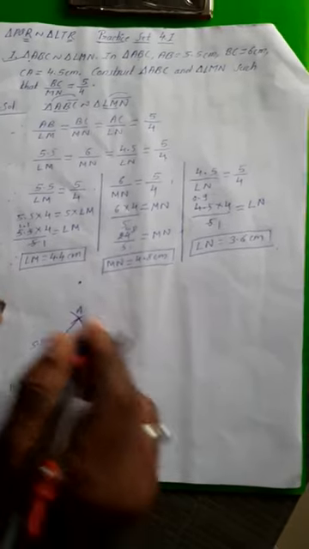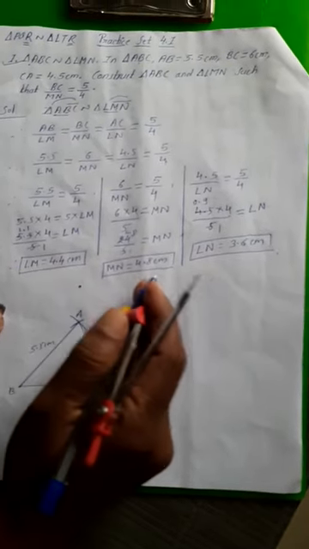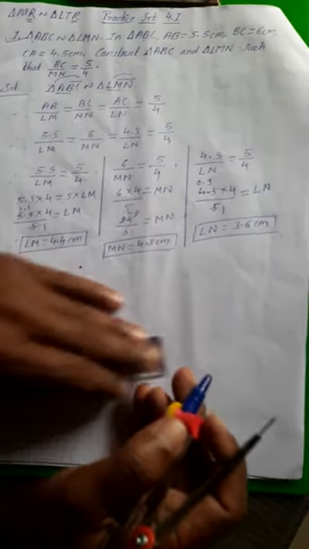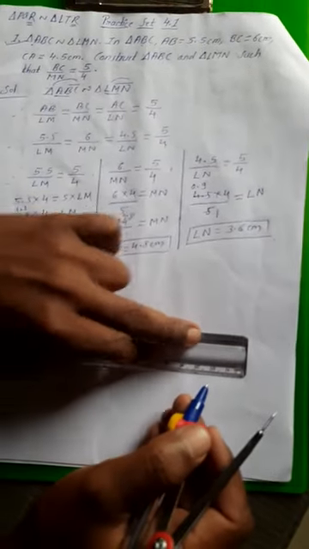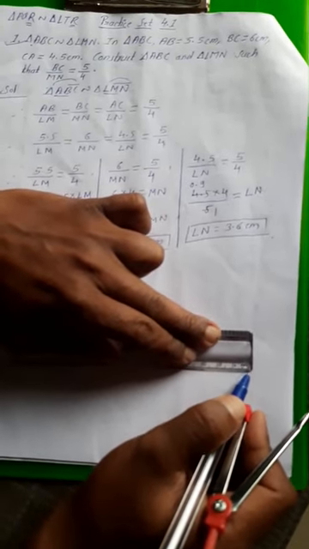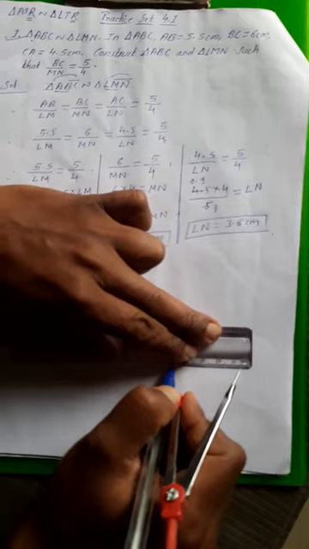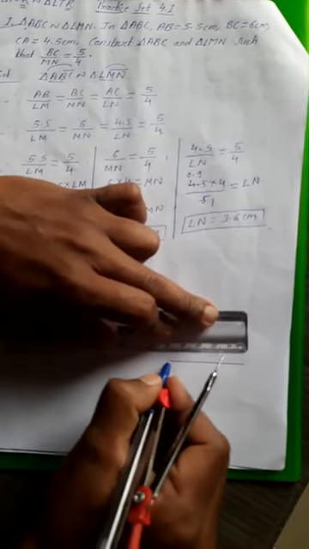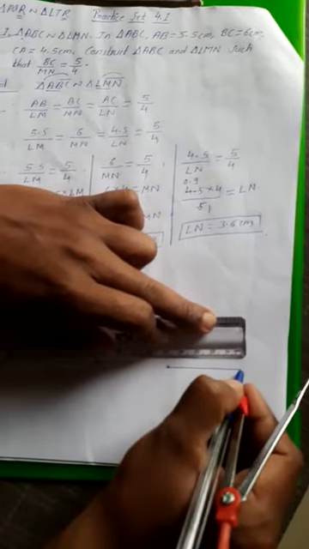Now similarly we are going to draw triangle LMN. Which is the biggest side? MN is the biggest side, so we will take it as the base. MN is 4.8 centimeter.